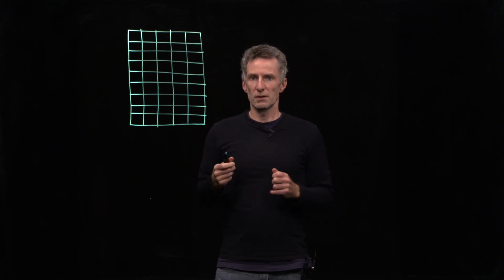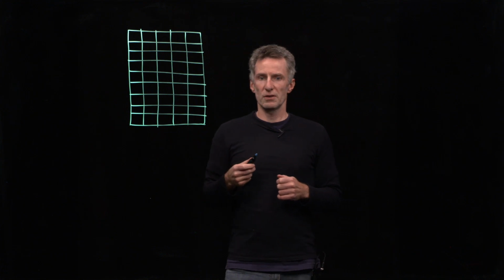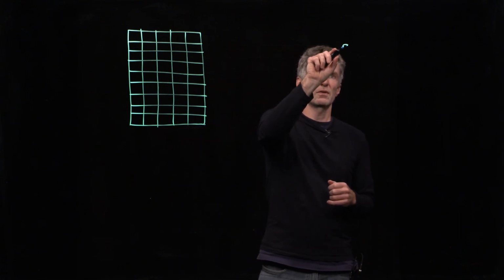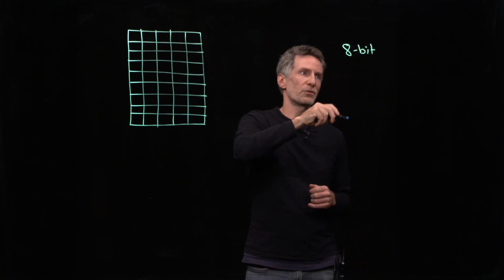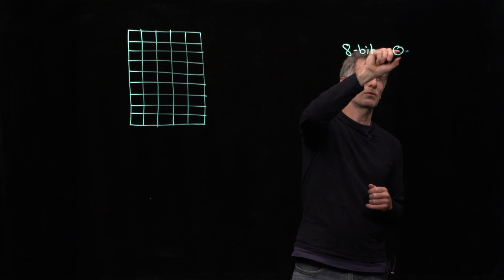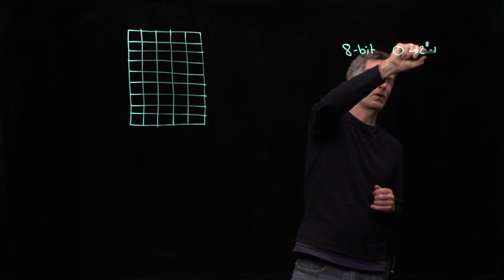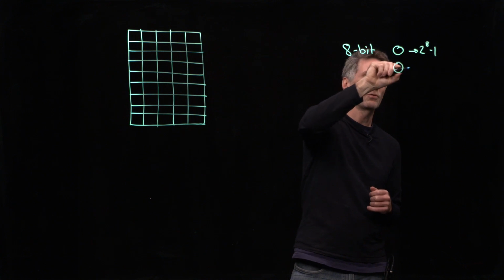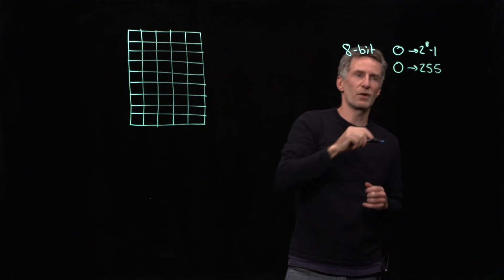In a normal grayscale image, each of these cells then has a number. If we imagine an 8-bit image, the cells can have values that range from 0 to 2 to the power of 8 minus 1, so 0 to 255.